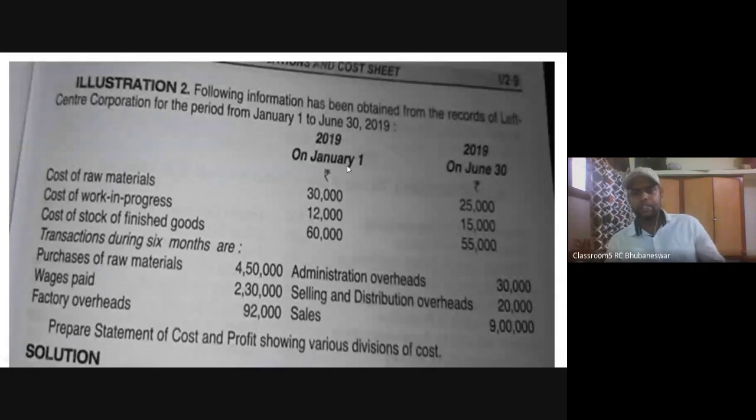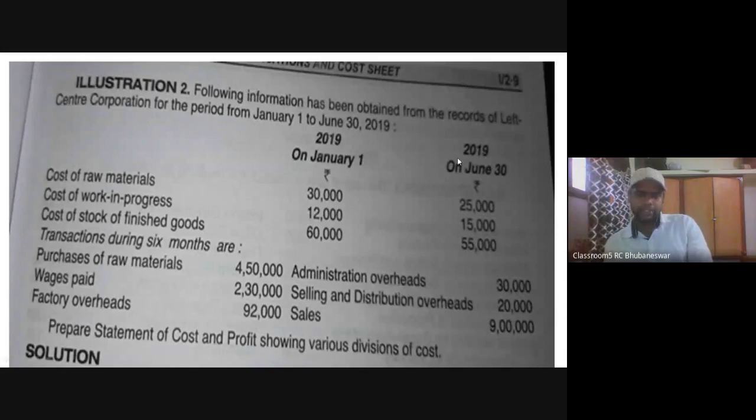That means from 1st January to 30th June, it is a 6 months gap, and these details have been given. The 1st of January 2019 is the opening, and 30th of June 2019 is the closing period. Hope you all are getting that one.